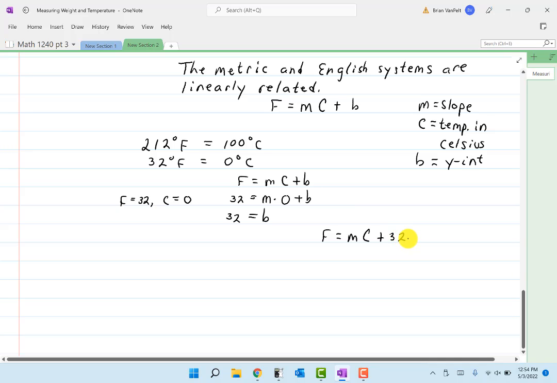Now I'm going to use the other piece of information. F equals 212 at the same time that C equals 100, and here's what I get. If I take my F equals MC plus 32, I can replace my F with 212. My M is what I'm actually trying to figure out. My C is 100, and there's 32.